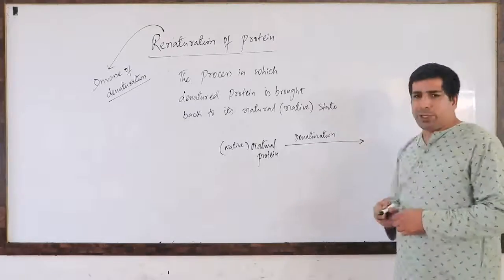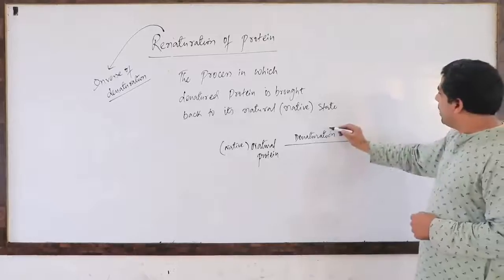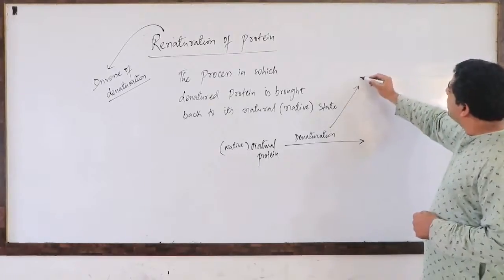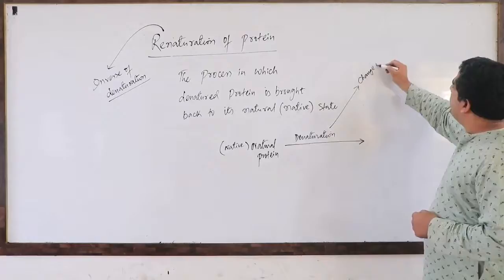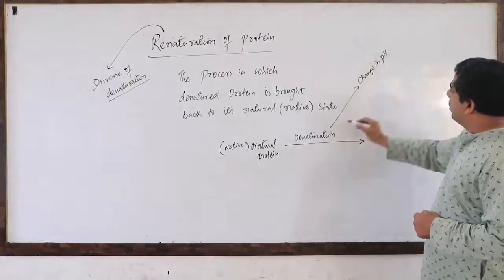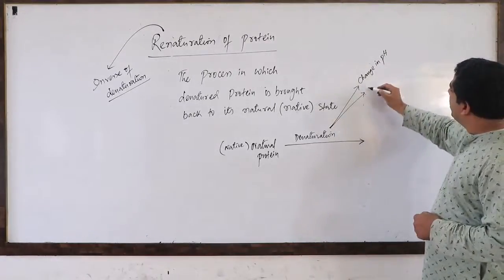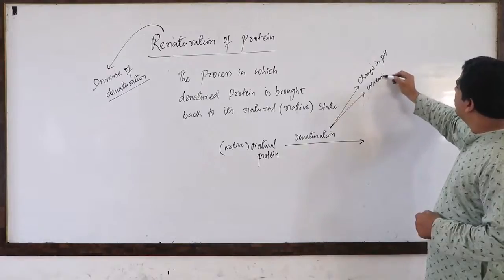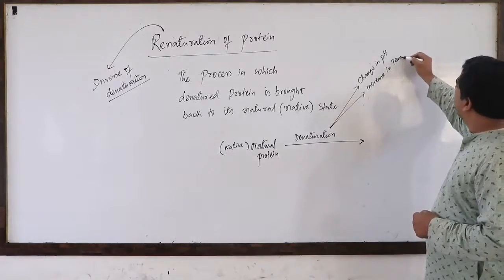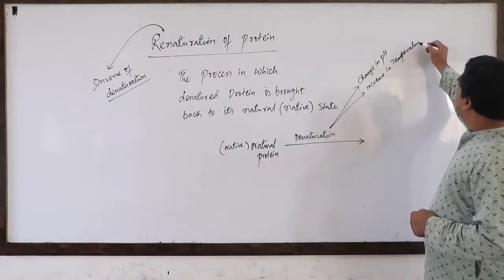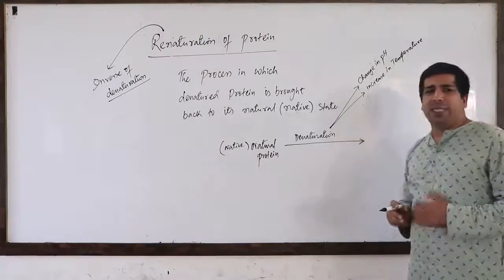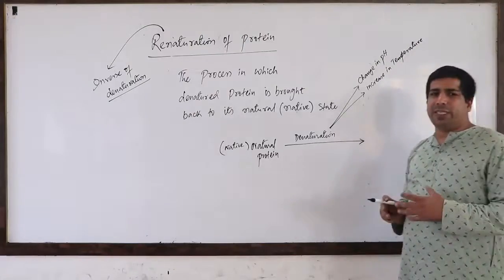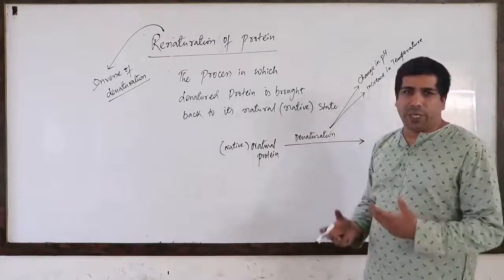how is denaturation done? Obviously, denaturation is done by processes like change in pH, or you can do denaturation by increase in temperature. There are many other ways of doing denaturation of protein, means changing the solvent, like organic solvent you can change, okay?